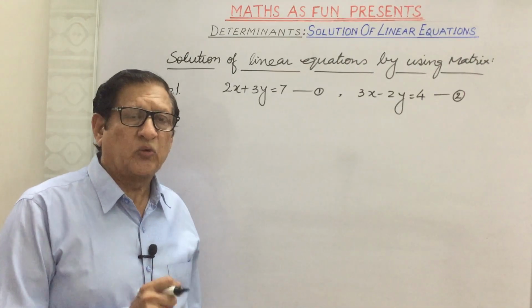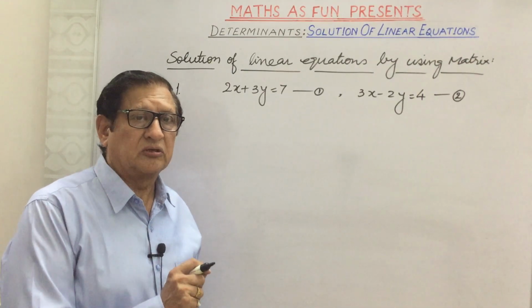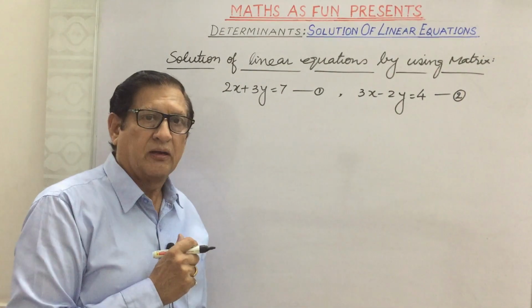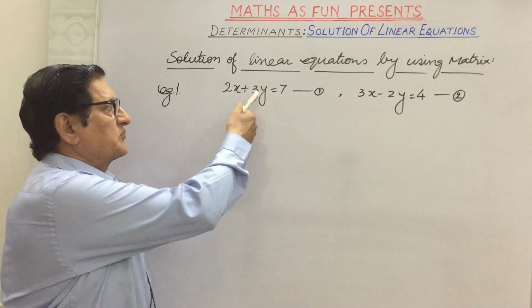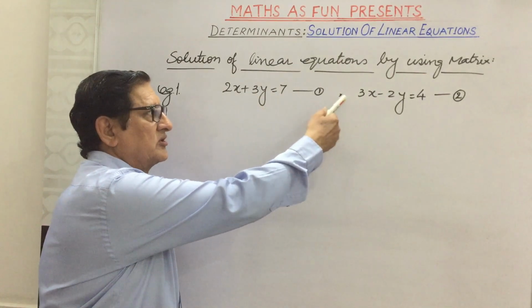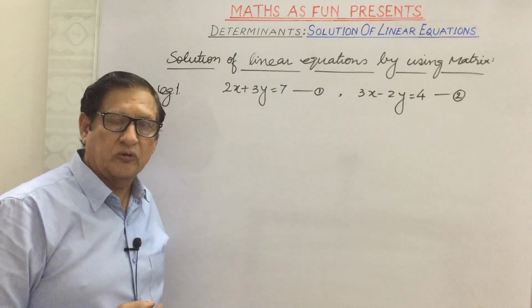It means we can say the system is inconsistent. We discuss one example for the solution of a pair of linear equations in two variables. The equations are 2x plus 3y equal to 7, the first equation, and the second equation is 3x minus 2y equal to 4.